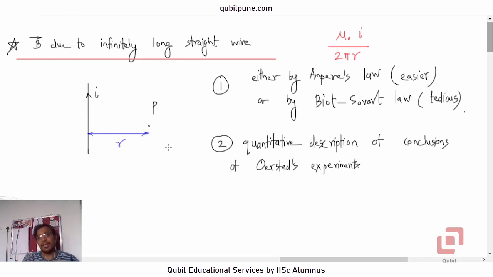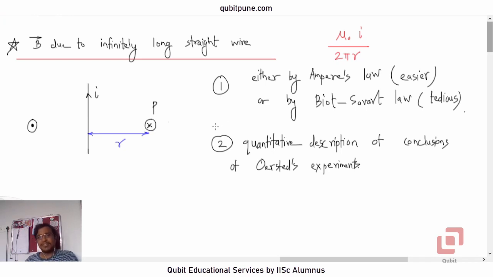If the current is pointing upwards, the thumb will point upwards, then the curled fingers of your right hand will point towards the magnetic field. So if P were here, I would have shown a dot here with the same mu naught I by 2 pi R value, and in this case it is a cross.